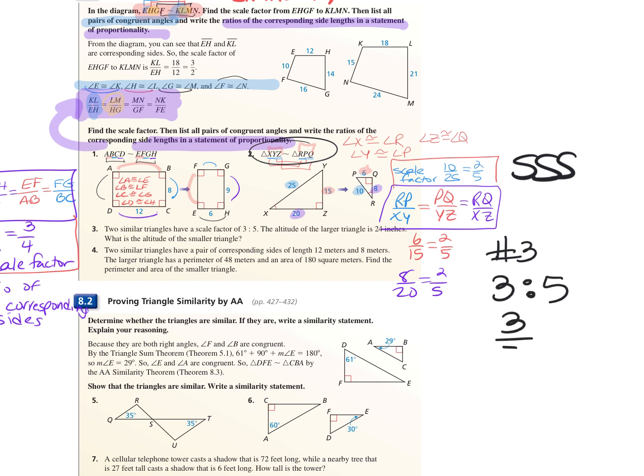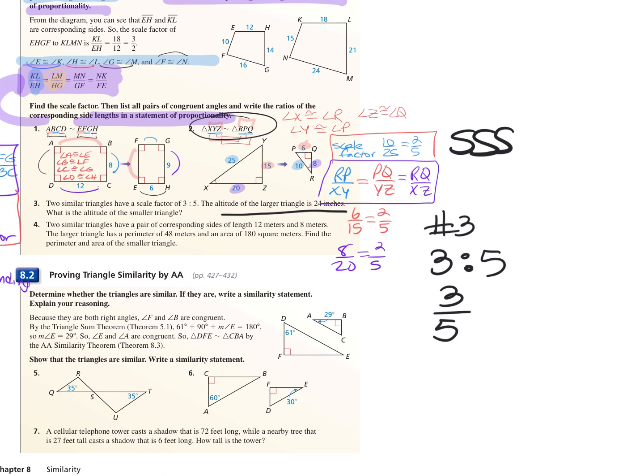And again, I could write it as a fraction. They want us to find a missing altitude. So in order to find any missing corresponding part of a triangle, whether it's an altitude or a median, I can use the scale factor. They gave me the length of the larger triangle's altitude, and they said it was 24 inches.